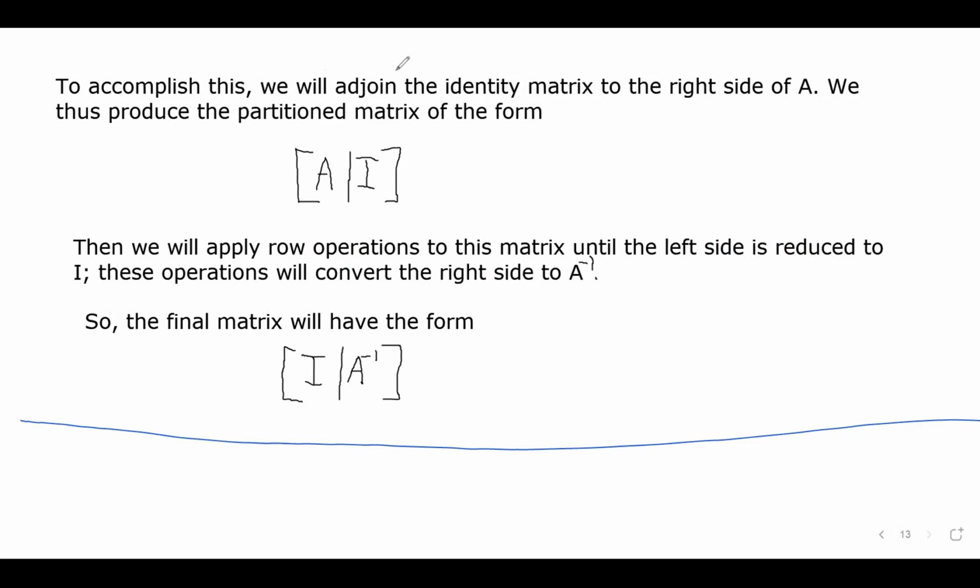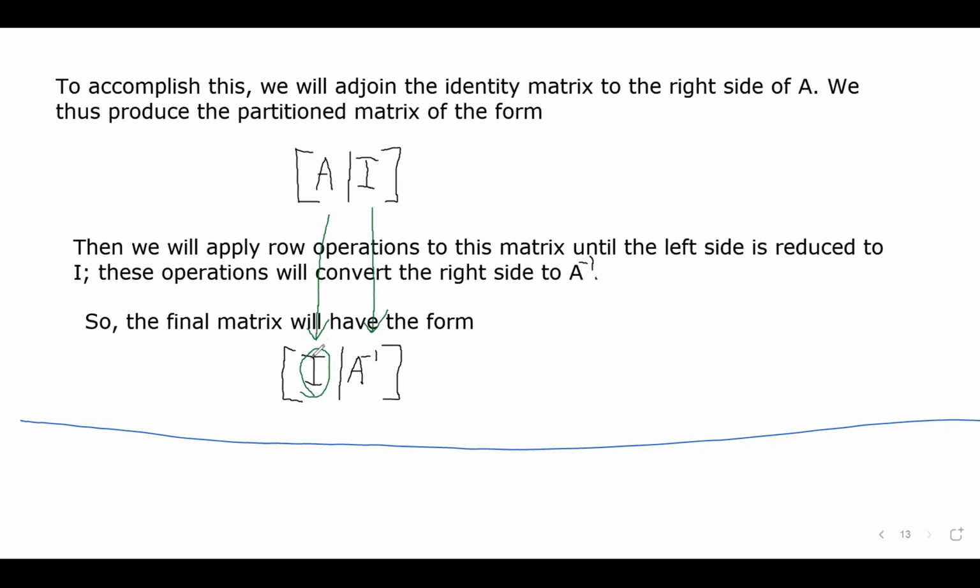Okay, so to accomplish this, we join the identity matrix on the right side of A. Left is A, right is I. A sequence of elementary row operations will get A to I, and correspondingly, I will go to A inverse. Once the left side is I, we've done the procedure of getting A to I, which means that same exact procedure must have gotten I to the A inverse matrix.